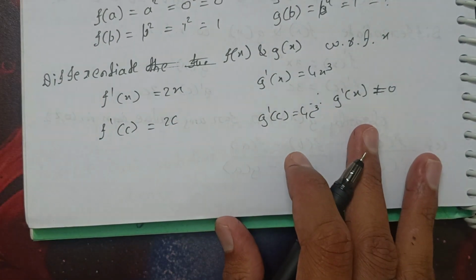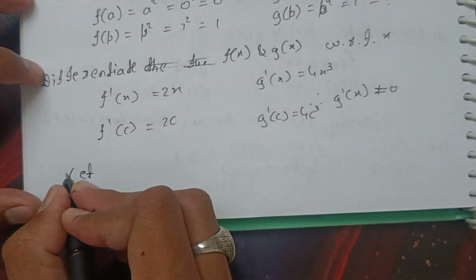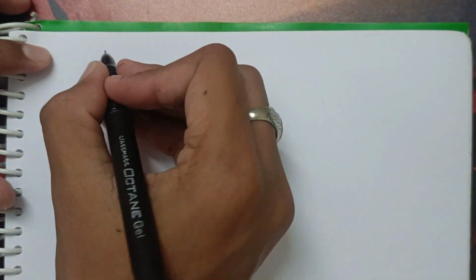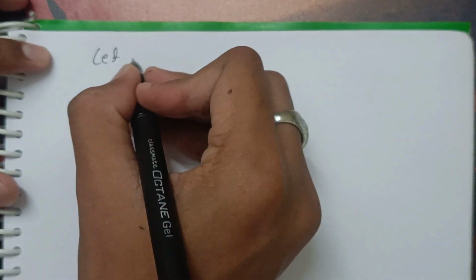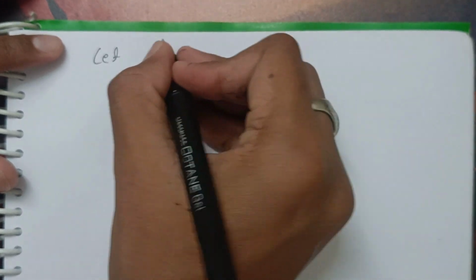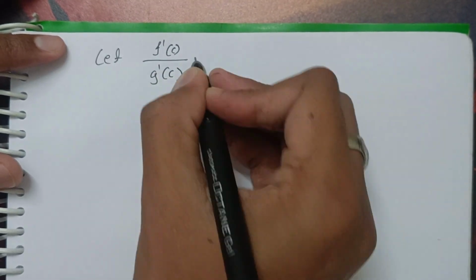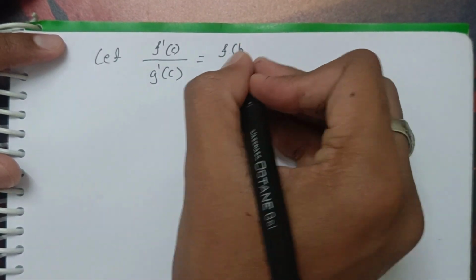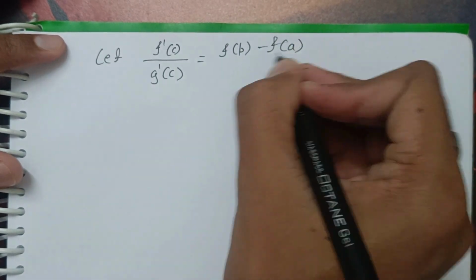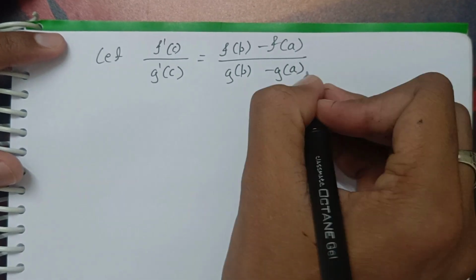So now let's take the formula. It is f dash of c divided by g dash of c is equal to f of b minus f of a divided by g of b minus g of a.